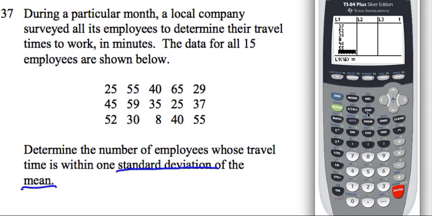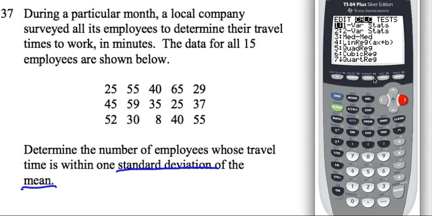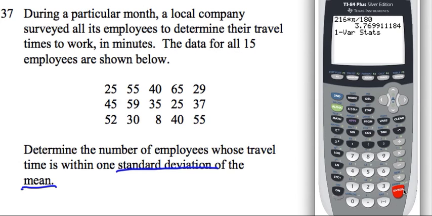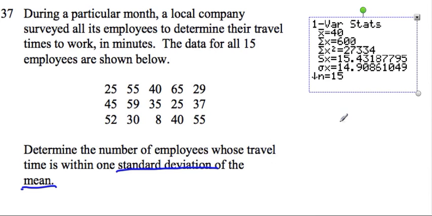Alright, now go to stat, calc, and we're looking for one-variable stats. Okay, it's assuming L1 is the list we are looking for. So if I just press enter, this is what I end up getting. Our mean is 40, or average is 40.